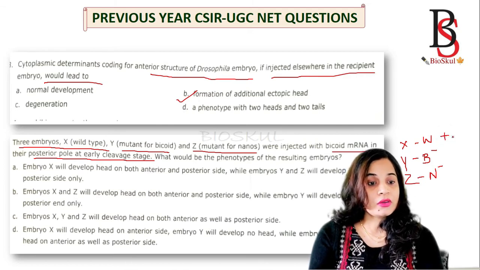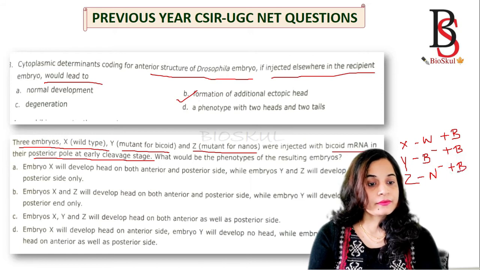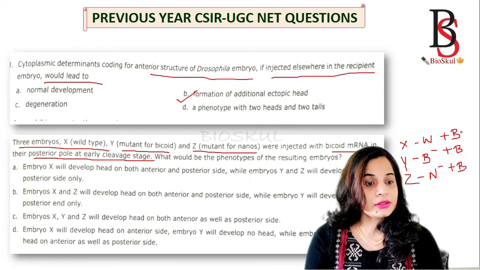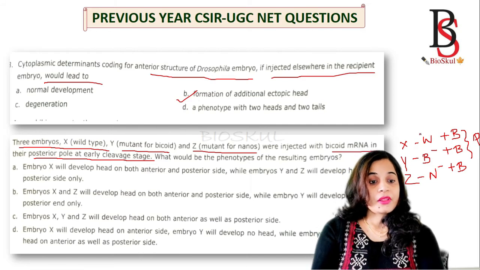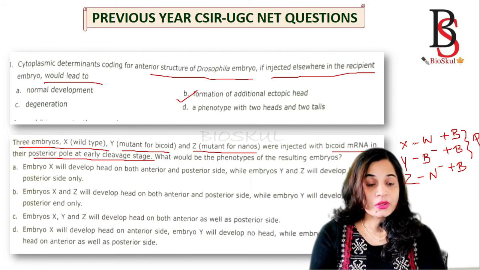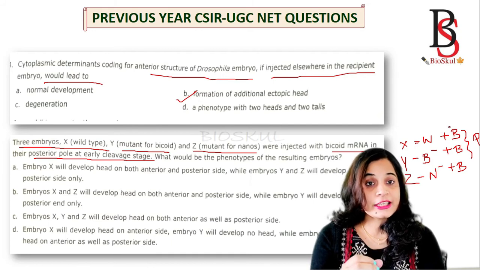Okay, so all are injected with bicoid, but where is it injected? It is injected at the posterior pole. So what will be its phenotype? If in a wild type embryo the bicoid protein is injected at the posterior end, then what type of phenotype will be formed?